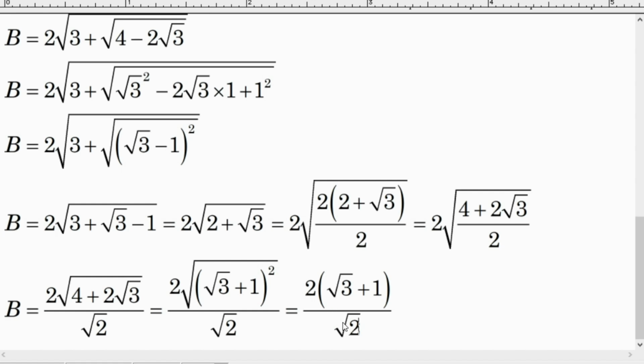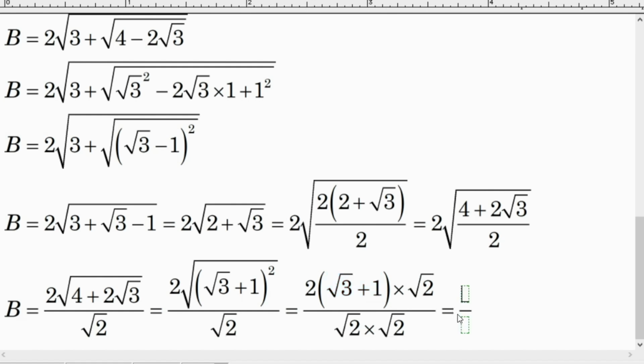Okay, so next we need to rationalize the denominator. What we need to do, we have to multiply the denominator with square root of 2, and we have to multiply the numerator with square root of 2 as well. Okay, then equal to, so let me just take this square root of 2 multiply into the factor here.